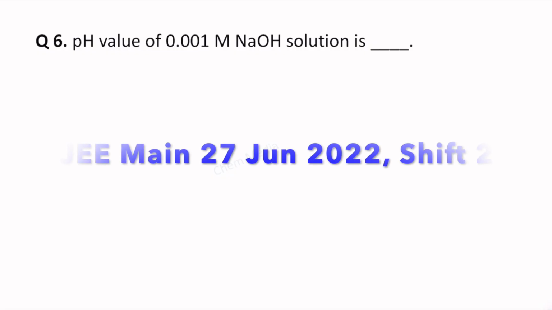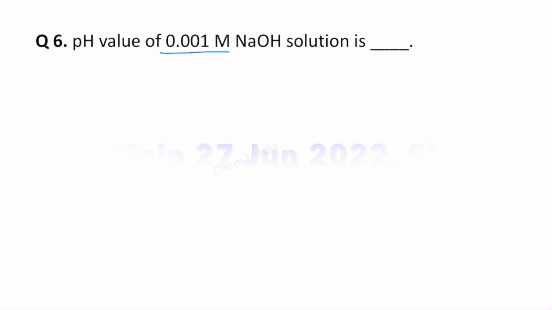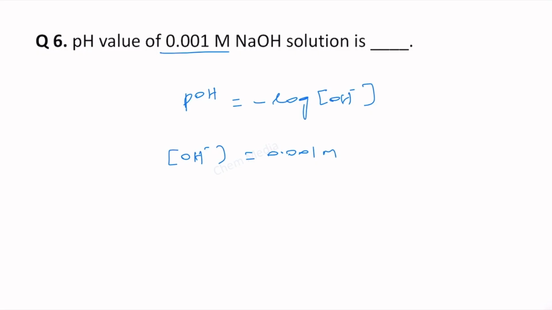What is the pH value of 0.001 molar sodium hydroxide solution? We know that pOH is equal to negative logarithm of OH minus concentration. Here the concentration of OH minus is given as 0.001 molar, which we can write as 10 to the power minus 3 molar.